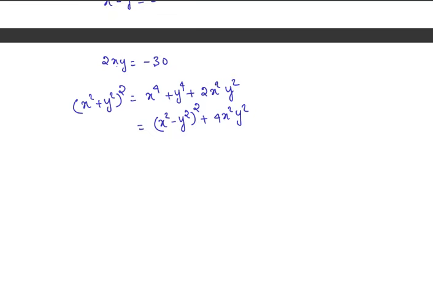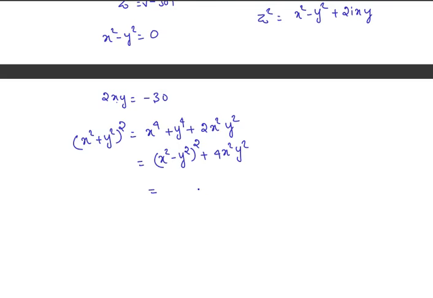So x square minus y square is 0, so 0 square is 0, plus 900. So x square plus y square the whole square is 900. So only the positive value will be taken. So x square plus y square is 30. So now this is equation number 1.